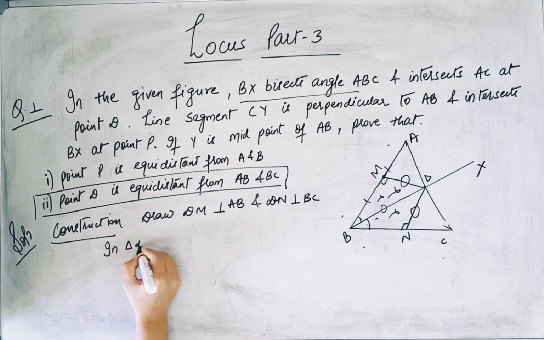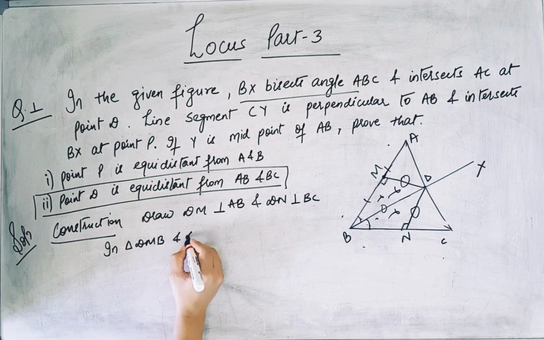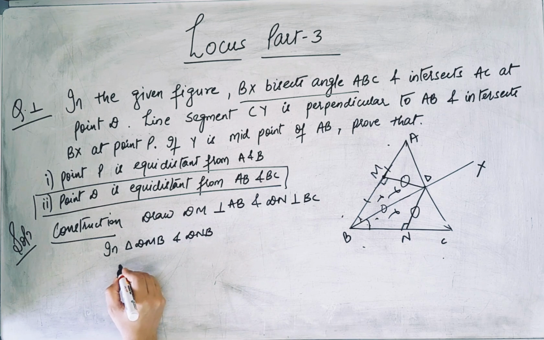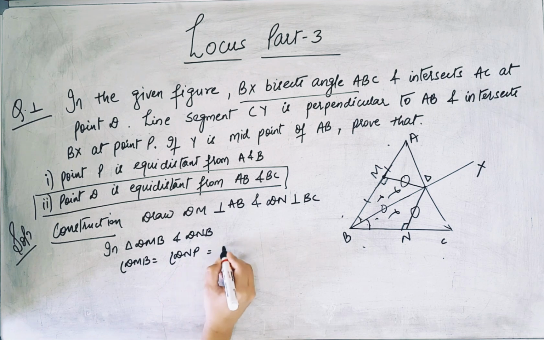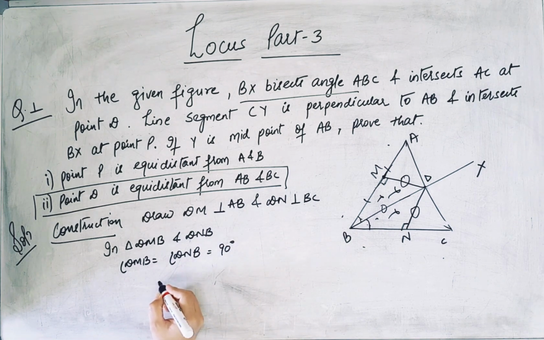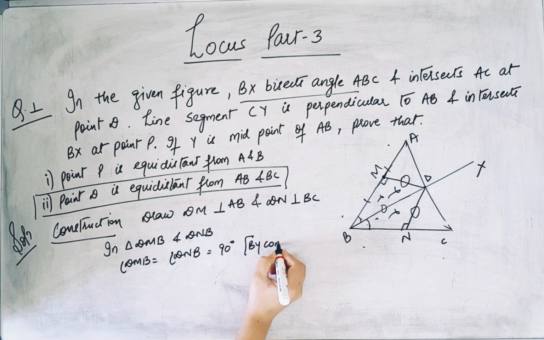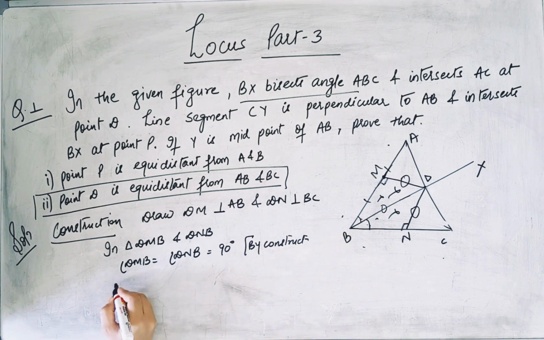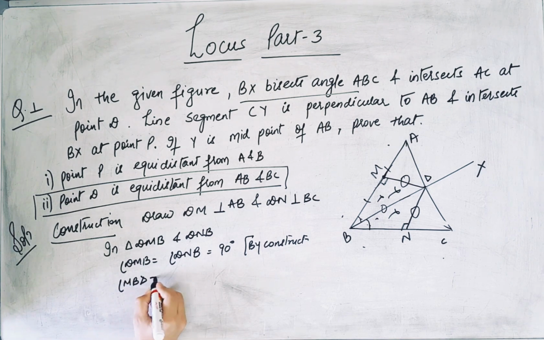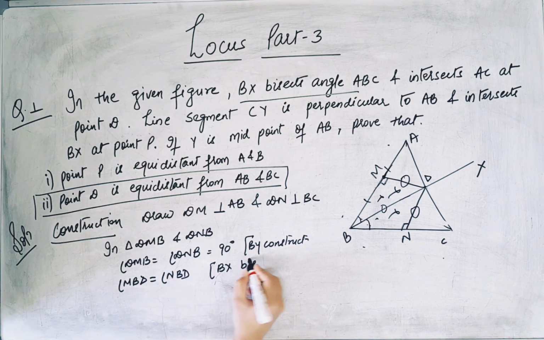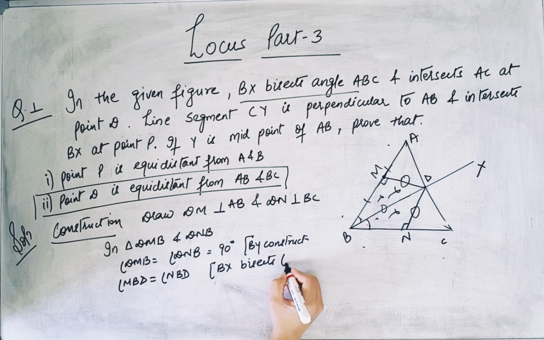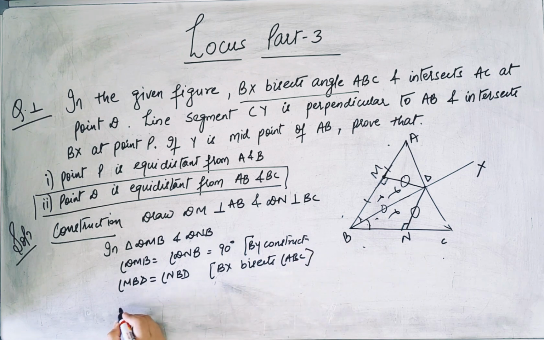So in triangle DMB and DNB, angle DMB equals angle DNB, 90 degrees each. How? By construction. Second, angle MBD is equal to angle NBD. Why? Because BX bisects angle ABC. Third, BD common.